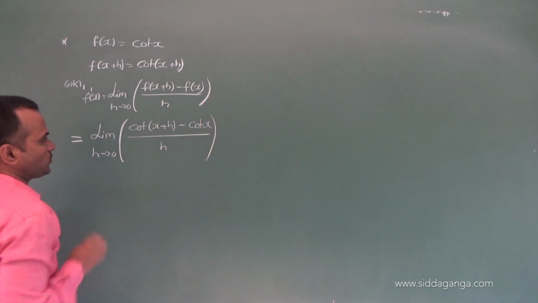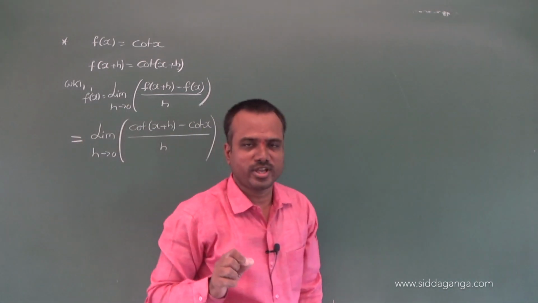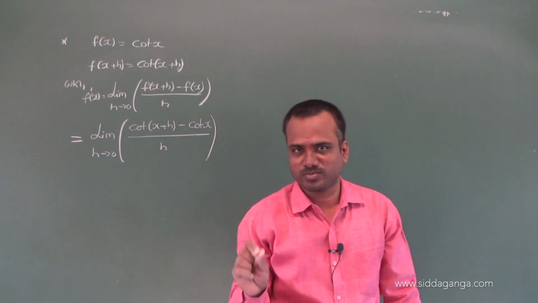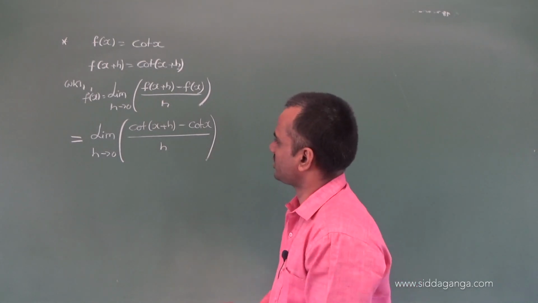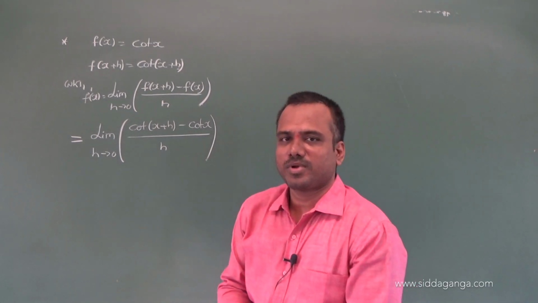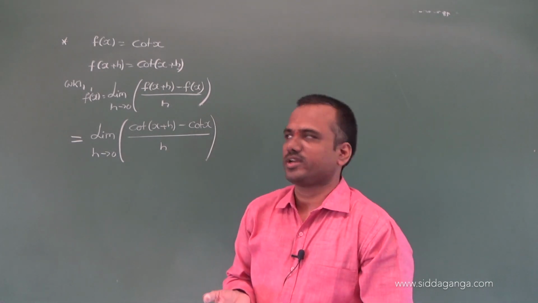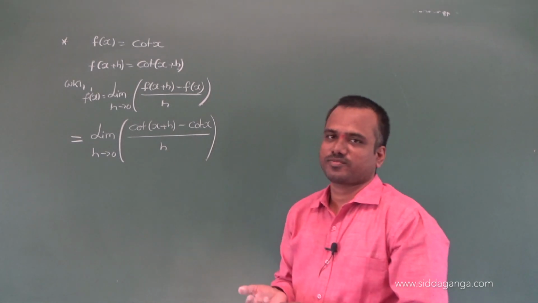Substitute all the values. In place of f of x plus h, we substitute cot of x plus h. In place of f of x, we write cot x, divided by h.